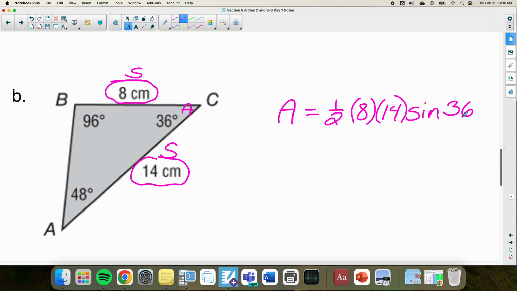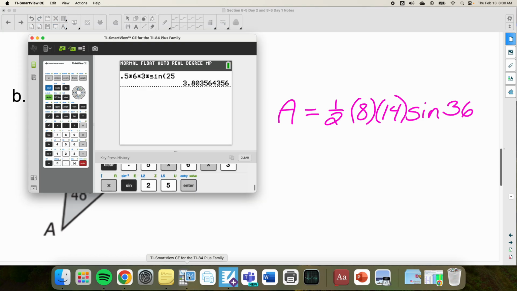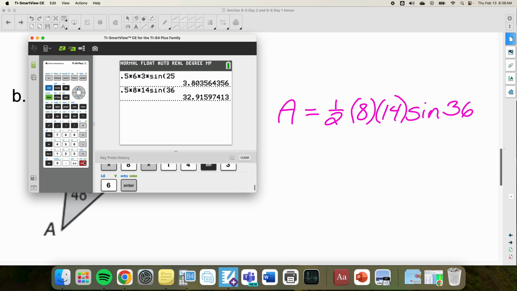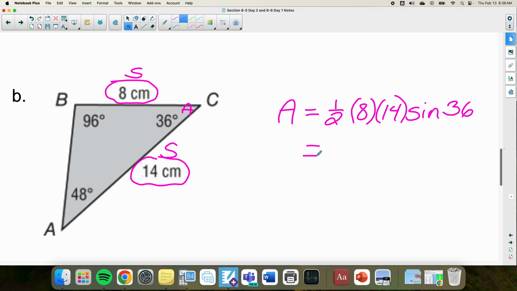Now what I would do is punch in 0.5 times 8 times 14 sine 36, and we would get 32.92. And that would be in centimeters squared.